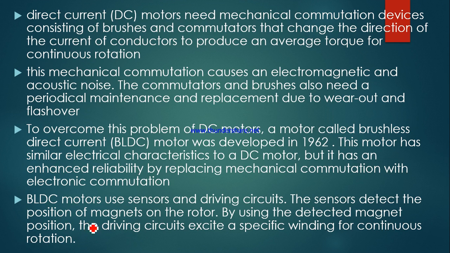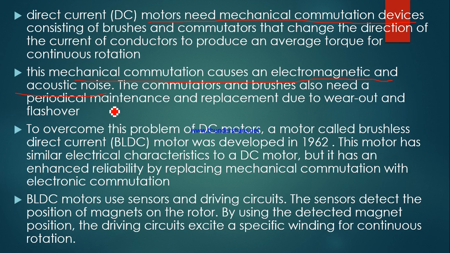So the direct current machine needs mechanical commutation, and this will create sparks. This mechanical commutation basically also causes electromagnetic and acoustic noise.